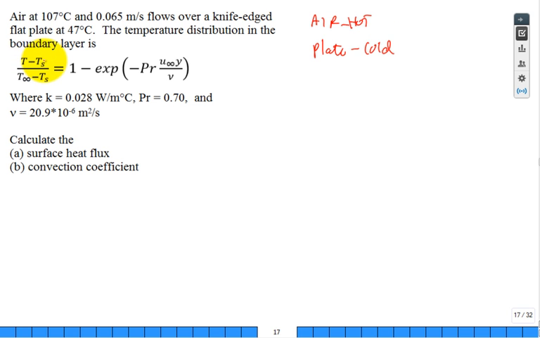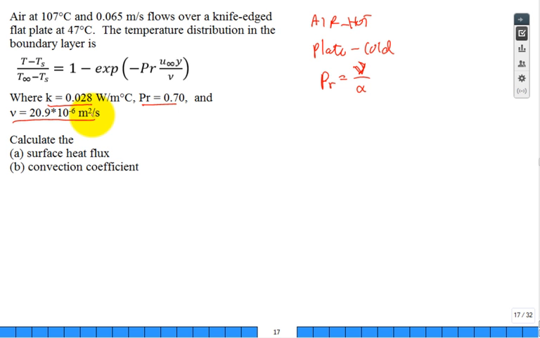T minus Ts divided by T infinity minus Ts is 1 minus exponential of minus Prandtl number times U infinity y divided by nu. Hey, what was that Prandtl number? Nu over alpha. That's not a v, that's a nu. Where they give you the value of k, Prandtl number, and that kinematic viscosity nu.